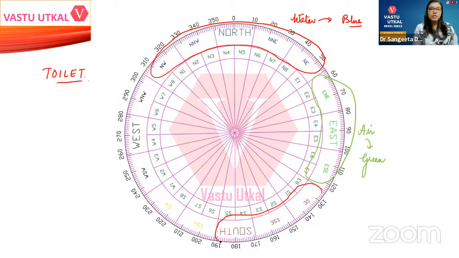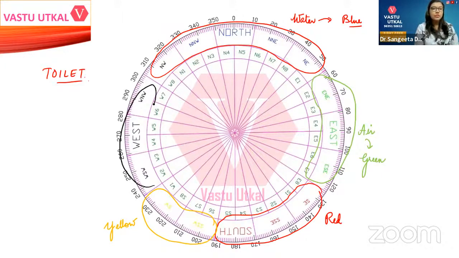Starting from southeast till south, you should use red color. For these two, you can use yellow color. And for the rest, use white color.